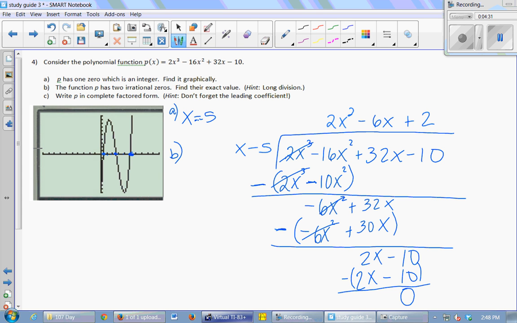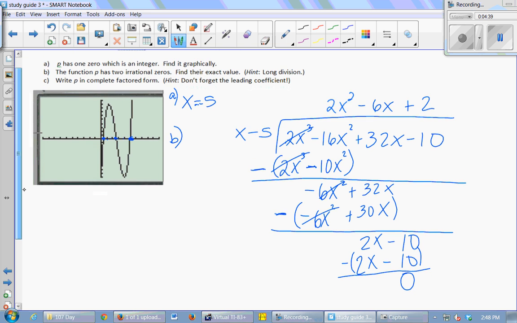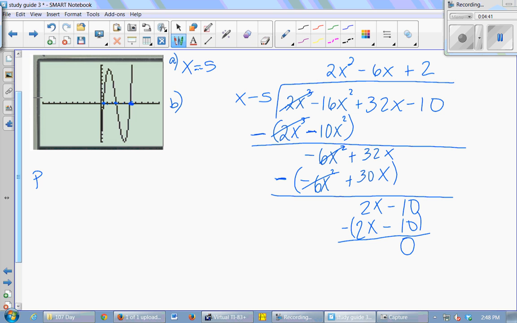So how does that help me? Well, now I have a quadratic, and I can set it equal to 0 and use the quadratic formula. So I now know that p of x, my cubic polynomial, can be written as x minus 5 times 2x squared minus 6x plus 2.